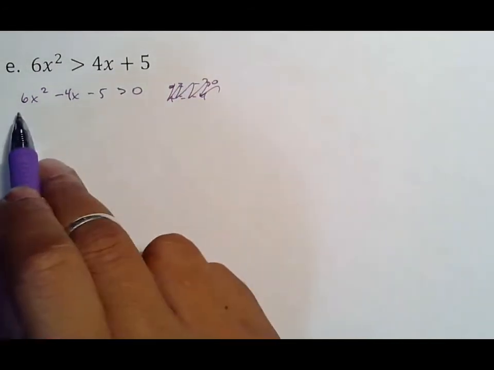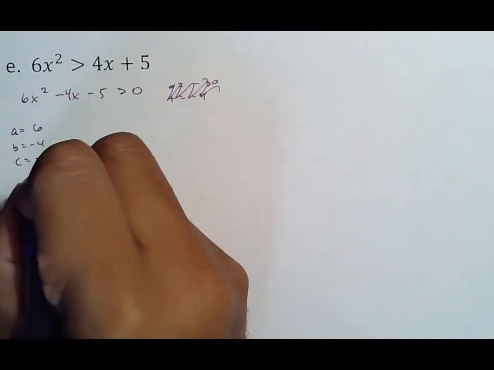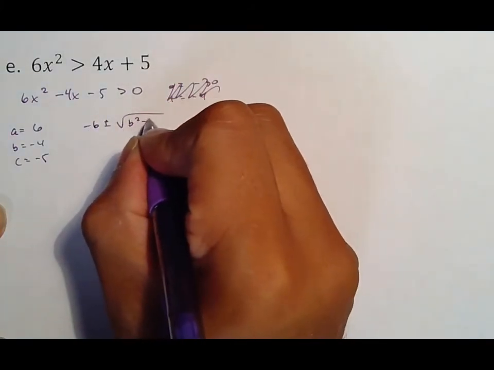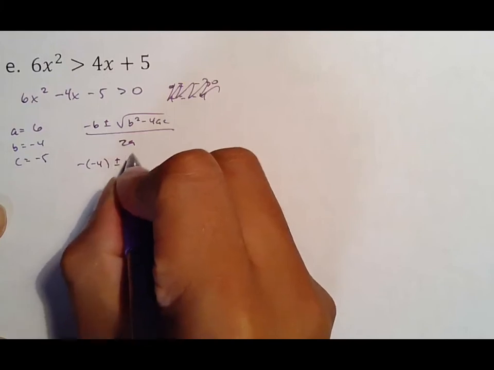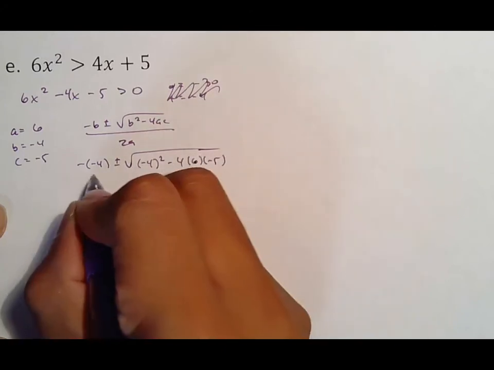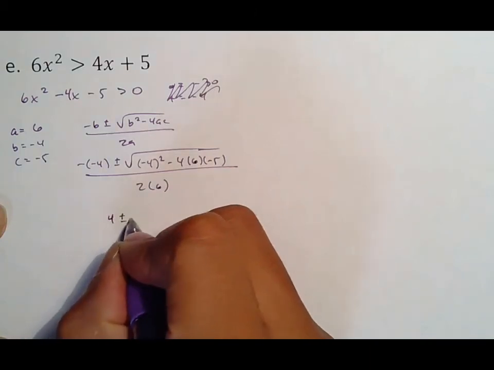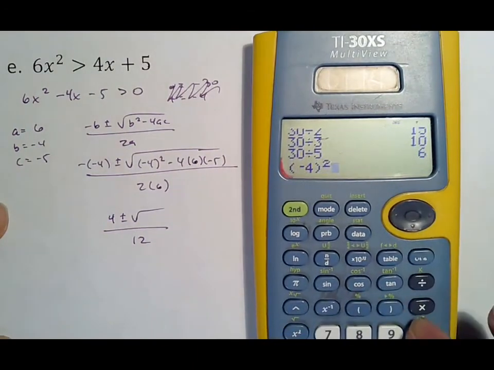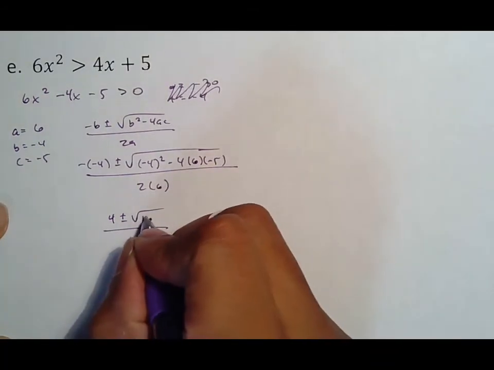And so the reason I wanted this is because if it doesn't factor, that's when you have to now say a equals 6, b is negative 4, c is negative 5, and go through what we learned in our last lesson. Negative negative 4, negative 4 squared, 6, negative 5, 2 times 6, breaking those together, which is 136.